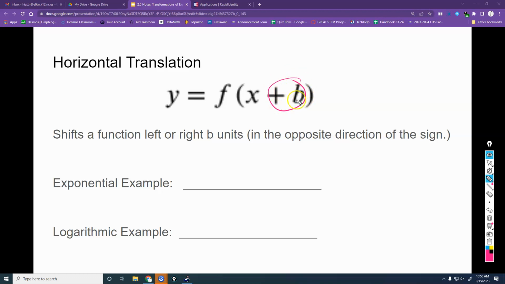If we add a number in here, it's going to go left or right, b units, but it goes in the opposite direction of the sign. So if I have a plus b, a positive, it's going to go to the left, which is actually the negative direction, right? And if I have a minus b, it's going to go to the right.